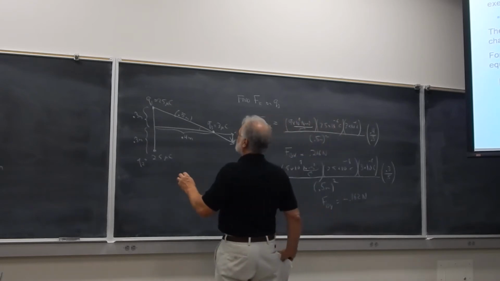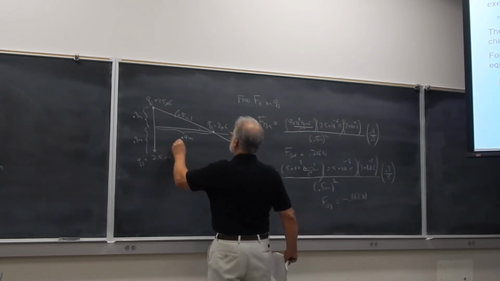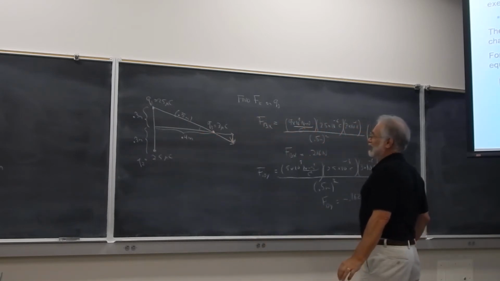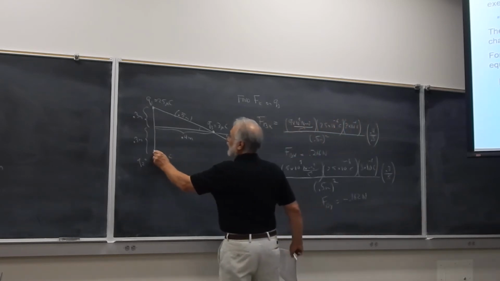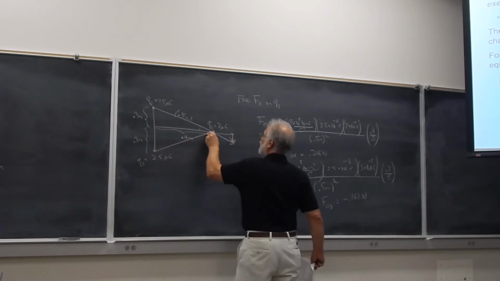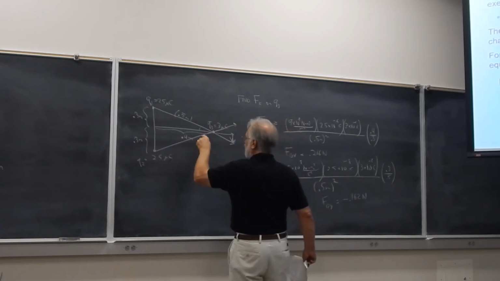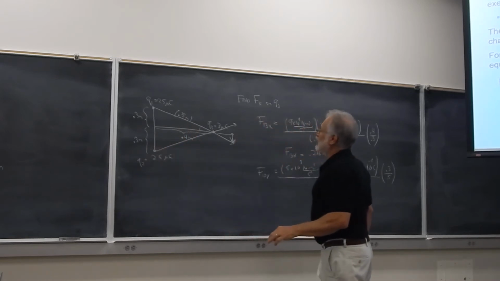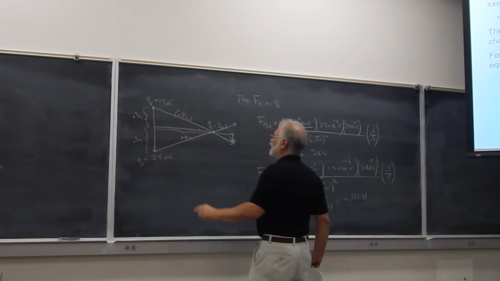Finally, I can look at the force of Q2 on Q3, and notice there's something immediately that I see. Because these two charges are the same, the magnitudes of F23x and F23y will be the same as the magnitudes of F13x and F13y.